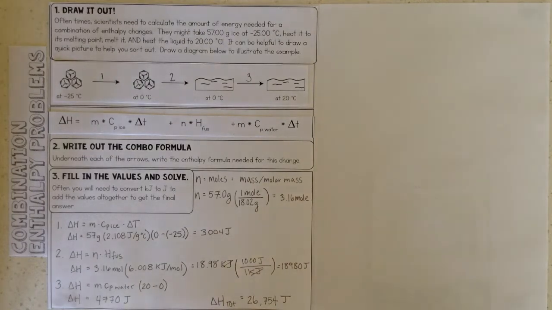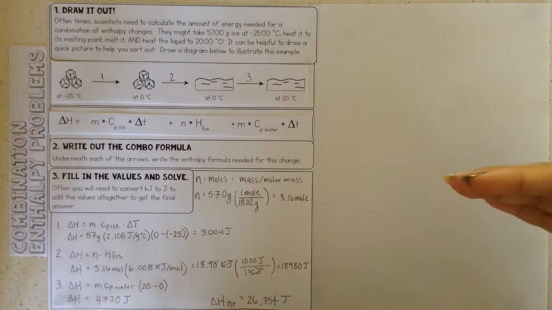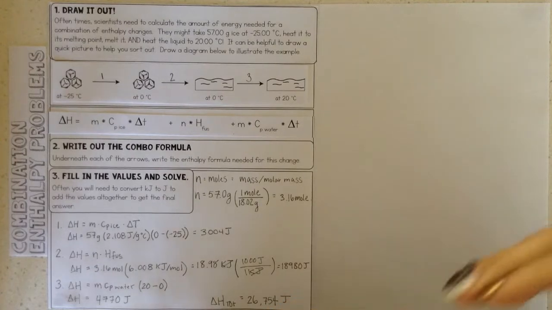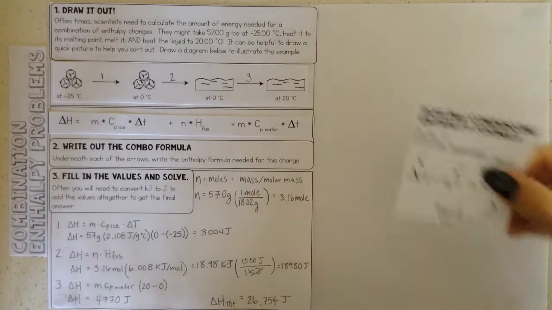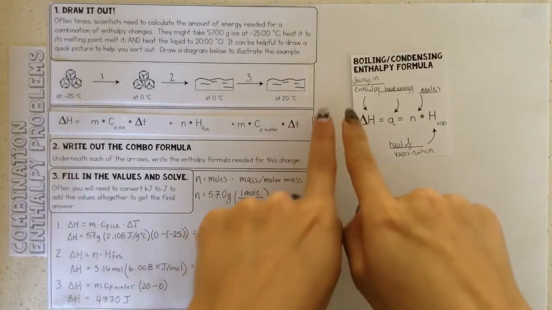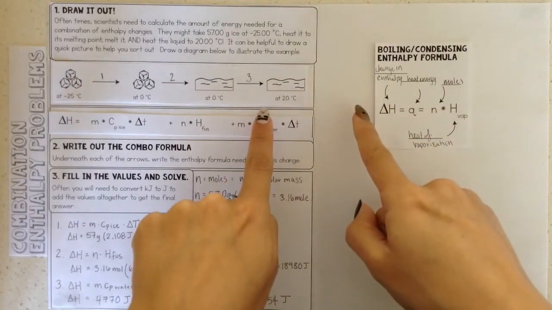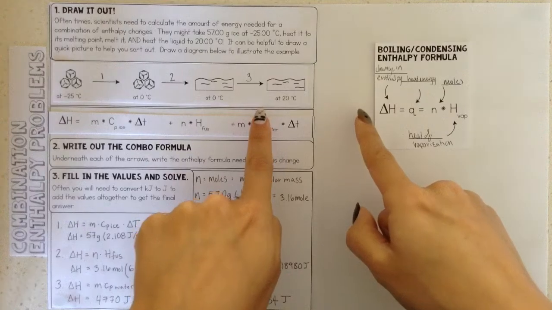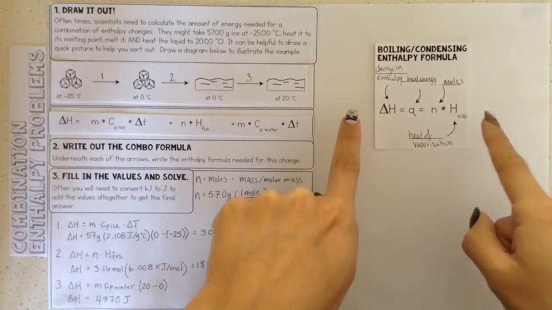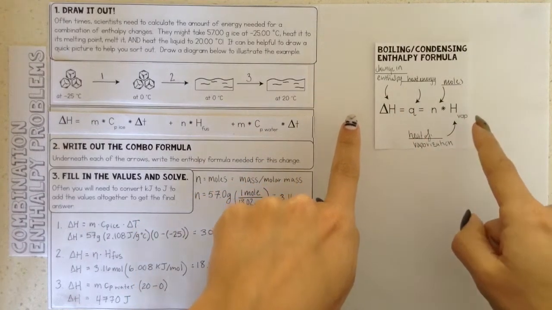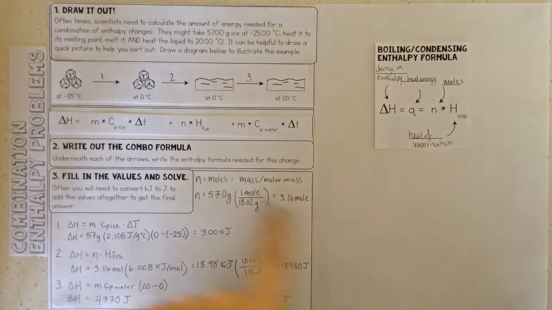You could see where this problem could continue on. You might have to get your water through another phase change, reach 100 degrees Celsius, convert to steam, and then keep adding heat. So you might have to continue with a fourth step. You just have a longer delta T and this, and then move on to heat of vaporization, deal with that enthalpy change, and then go back to this formula with a heat capacity of steam.